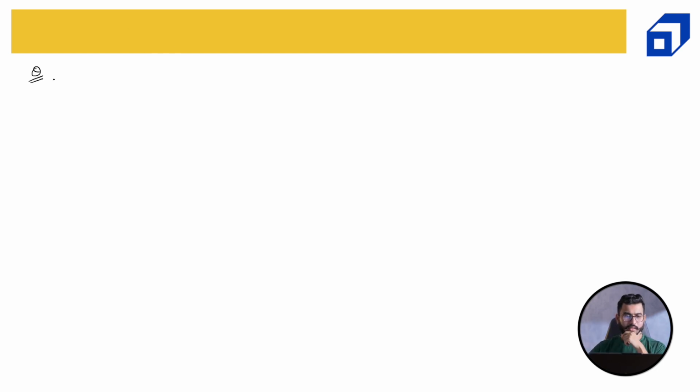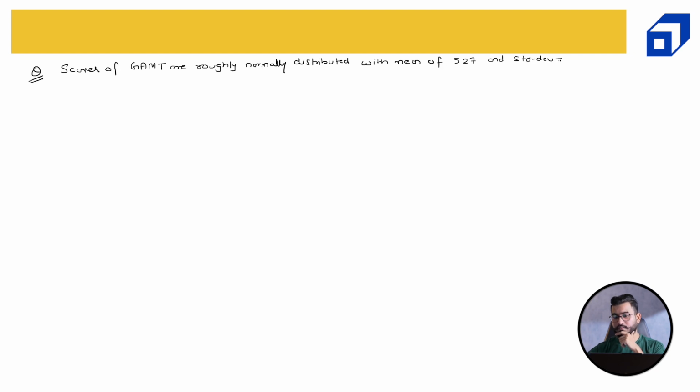So the question says the scores of GMAT are roughly normally distributed with a mean of 527 and a standard deviation of 112.